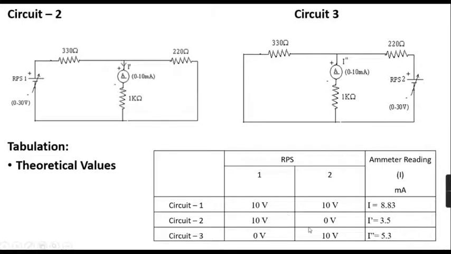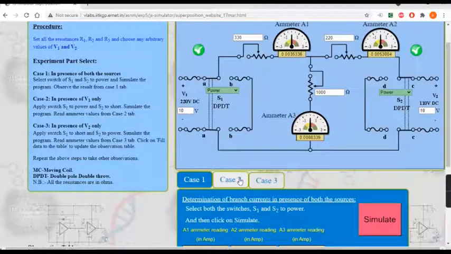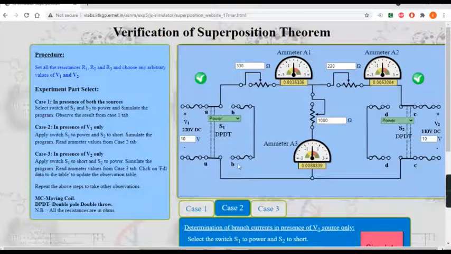For the second case, RPS 2 is short circuited, and RPS 1 is again connected to 10 volt. If you simulate it again, you will get a value of 3.5 milliampere.